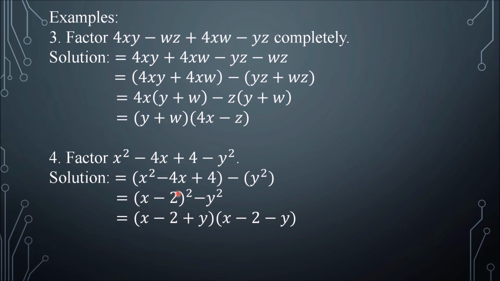This is the first square, this is the second square. In order to factor this, we need to do x minus 2 plus y, that's x minus 2 and then plus y, the sum, and then the difference, x minus 2 minus y. Again, x minus 2 plus y times x minus 2 minus y.